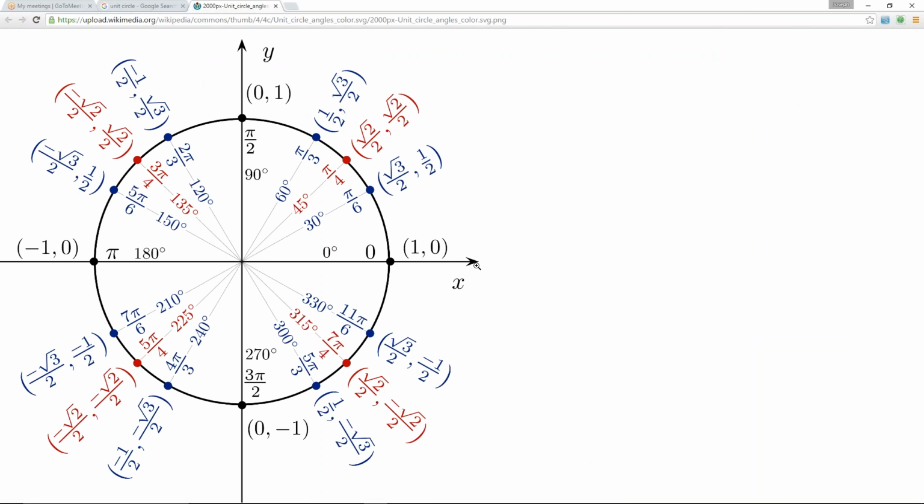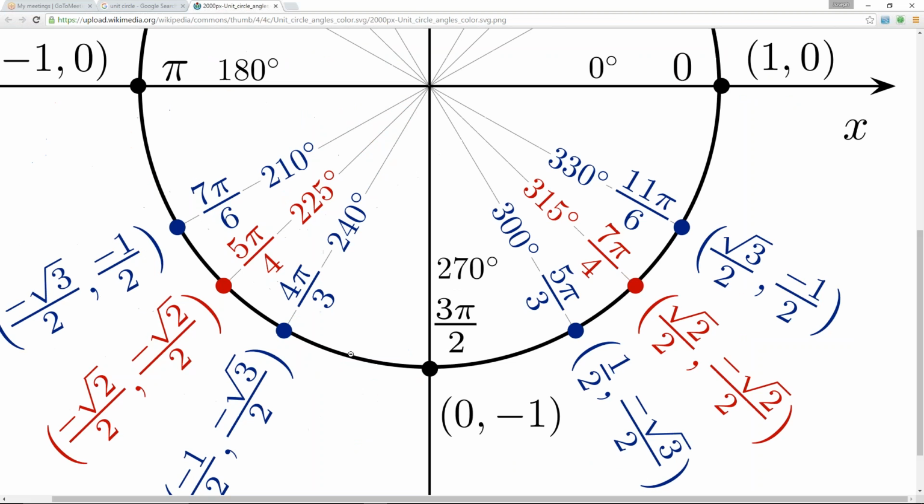So if you look at your unit circle, we're in quadrant 4 right here. Out of all of these points that you see in quadrant 4, where is the x and the y coordinate the exact same thing?